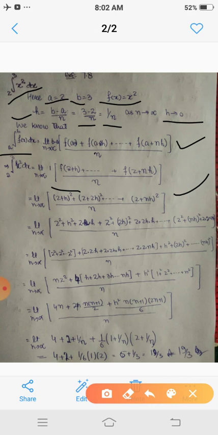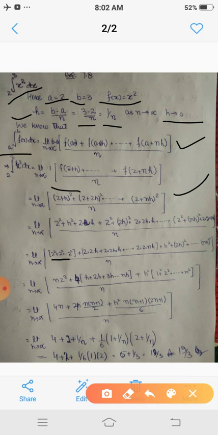Here we have 2 square n times, so we can write 2 square plus 2 square up to n times, because we have n number of 2 squares. Similarly, we will consider the linear powers of h.